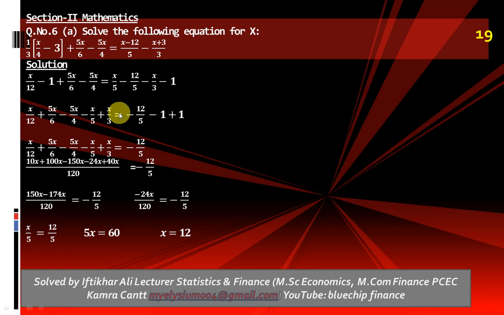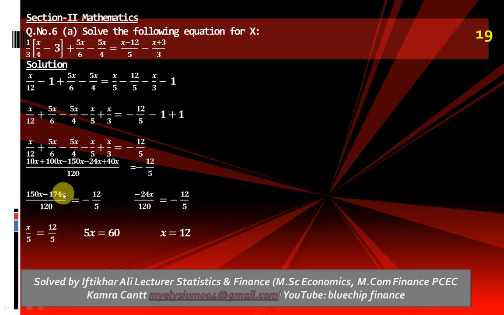And after the simplification here, we will take the LCM, and further it should be simplified that 12 tens are 120, and 10 multiplied by x should be equal to 10x, and 6 20s are 120, so 20 multiplied by 5x should be equal to 100x, and so on.